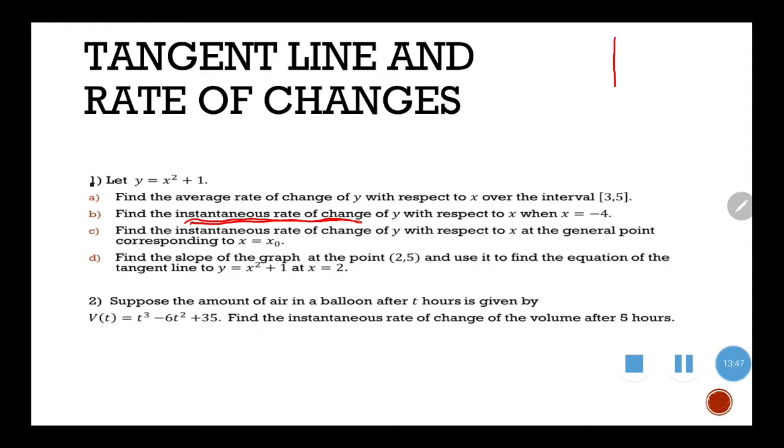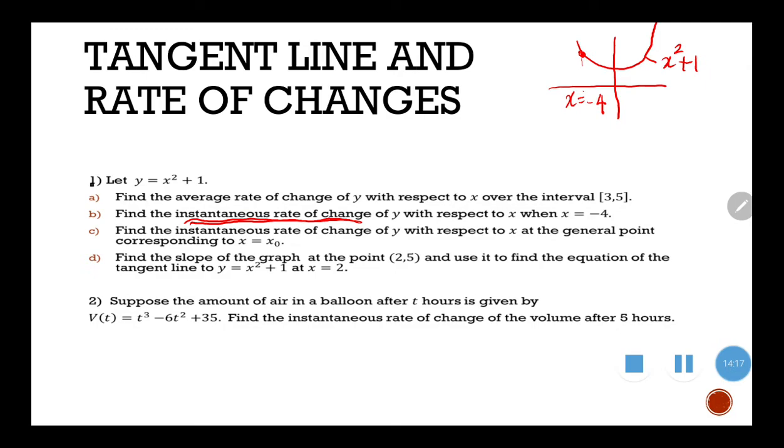So let's draw the graph here. The graph is x squared plus 1, so it is a parabola graph. And we are trying to find the value at this point when x equals -4.